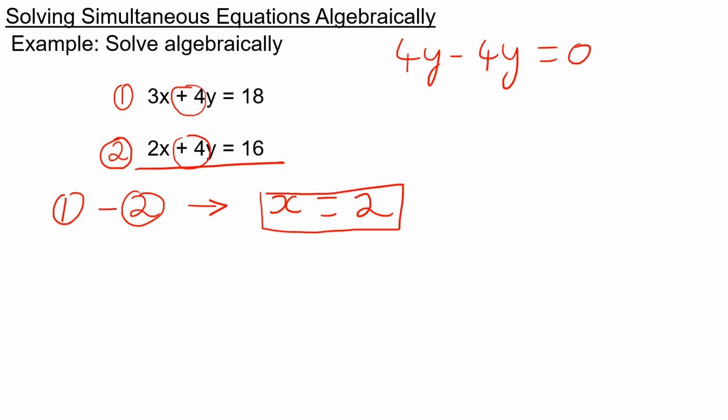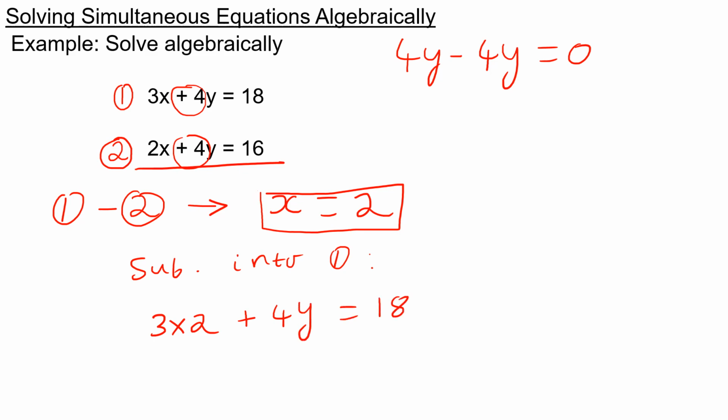To get what the value of y is, I need to substitute this value of x back into one of the equations. Out of habit, I always substitute back into the first equation. So I can say sub into equation 1. Three times 2 plus 4y equals 18. 3 2s are 6, so I can say 6 plus 4y equals 18.